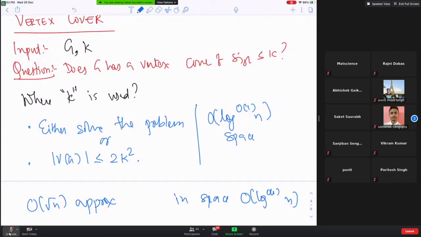Either it will say yes, it does have a vertex cover of size at most k, or it does not have a vertex cover of size at most k, or, if it doesn't say either of these two things, it will tell me that the number of vertices in your graph is at most 2 times k squared. And it is able to do all this in polylog space. Now, given these facts, can we get an order root n approximation in polylog space?